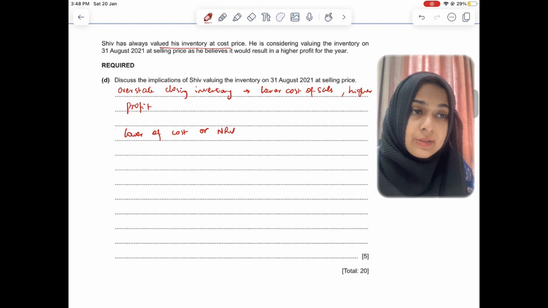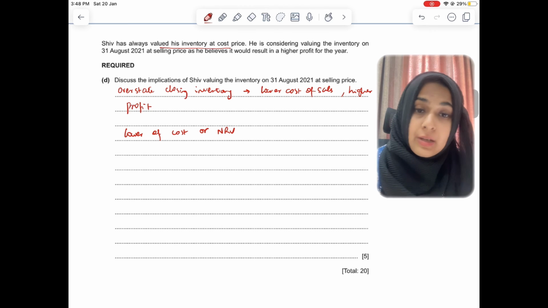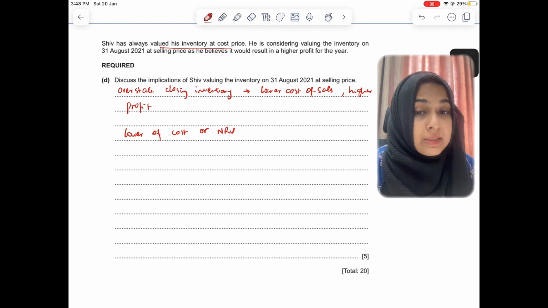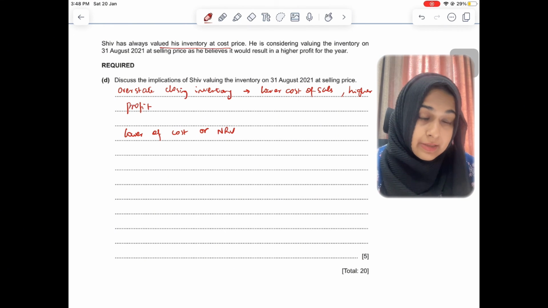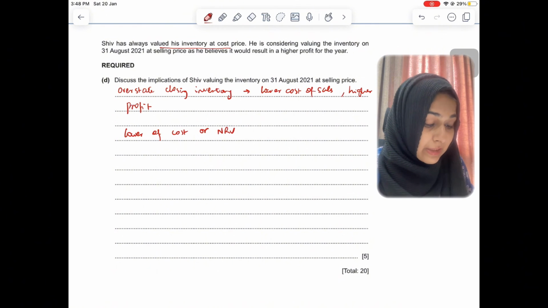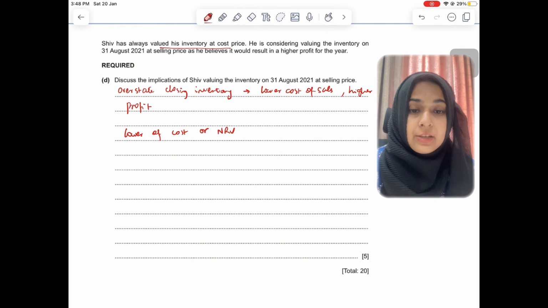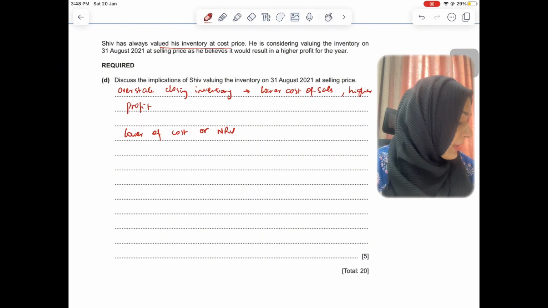If you overstate closing inventory, your profits will be overstated, and in the statement of financial position, your total current assets will be overstated, hence your total assets will also be overstated. So your financial statements will not show a true and fair value.